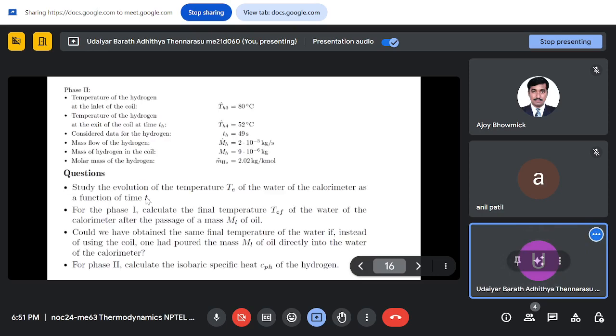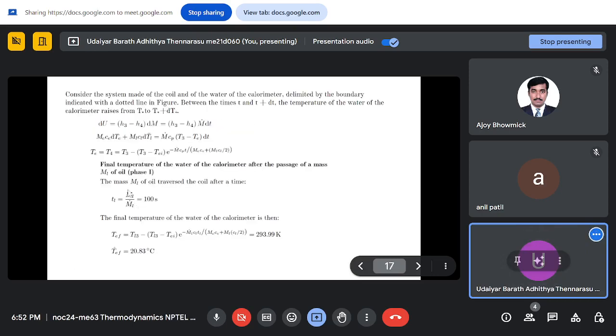The time is the mass of oil divided by mass flow rate, so it will take 100 seconds. We can substitute that time here to find the final temperature.